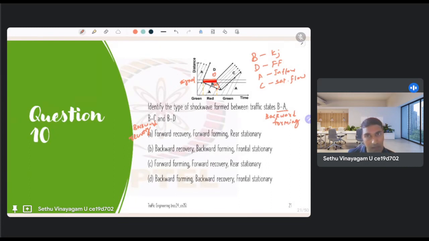Here we have a congested state behind, so this is a frontal stationary shock wave. BA is backward forming, BC is backward recovery, and BD is a frontal stationary. So the right answer is option D.